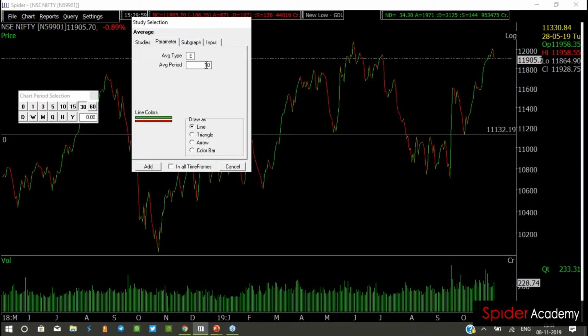Now, just a small brief as to why we use an exponential and not a simple moving average. When we're talking about a simple moving average, it takes into consideration only that many number of days and leaves the last number when we are moving on to another set of data.